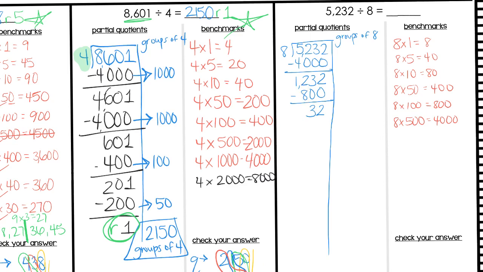2 minus 8, ooh, can't do it. But I'm going to use my little trick and cover up the ones and the tens place and just look at 12 minus 8. I know what 12 minus 8 is. I can count up from 8 to 12.